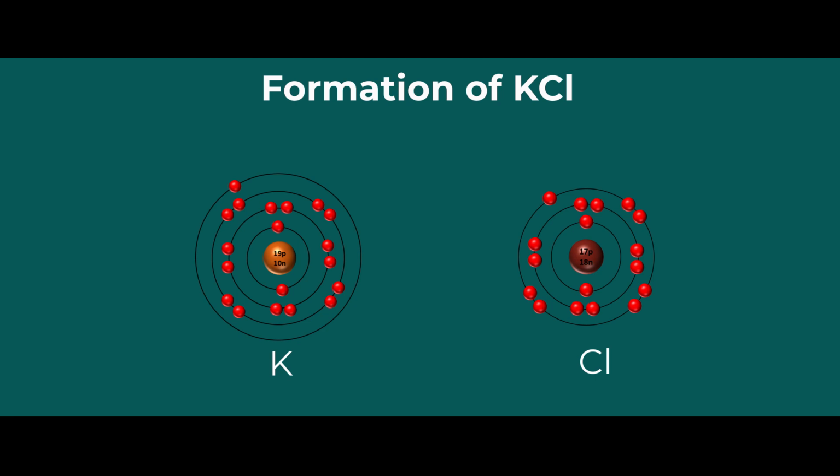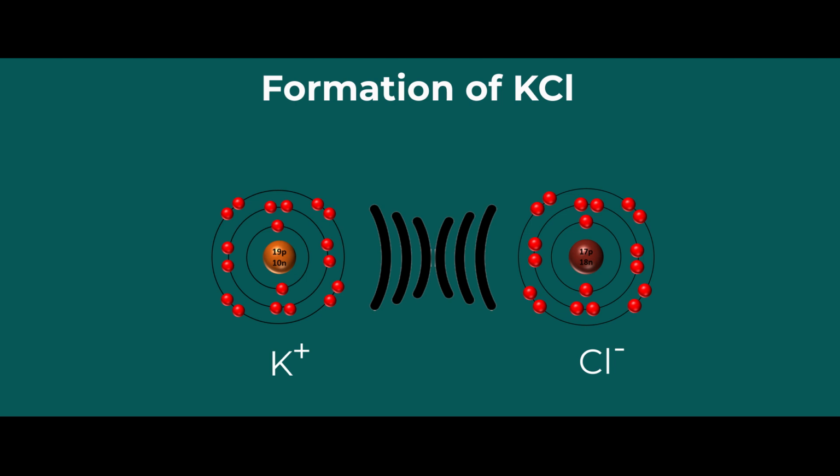So it is going to gain the electron that is lost from potassium and become negatively charged. And when these two ions, potassium ion and chloride ion, are placed together, there will be a force of attraction between them, and that is how potassium chloride is formed. This bond is called ionic bond.